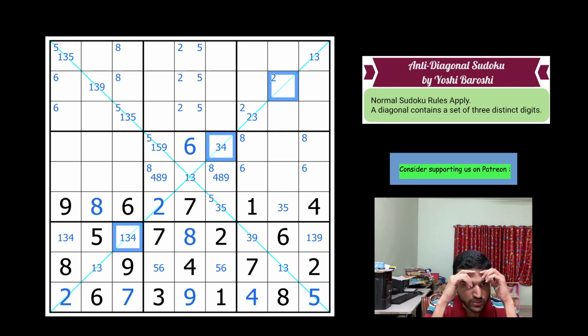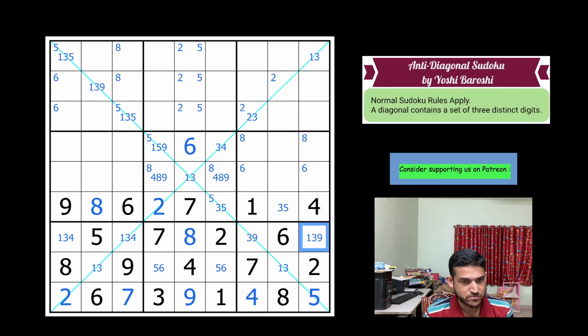I think we need to use some coloring, maybe. Slightly tricky here. Okay, just need to stumble one digit and then rest will automatically follow.